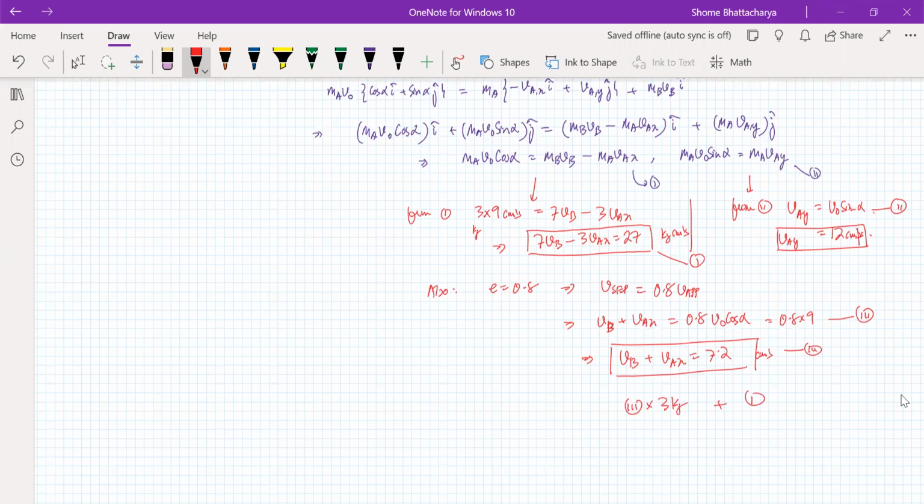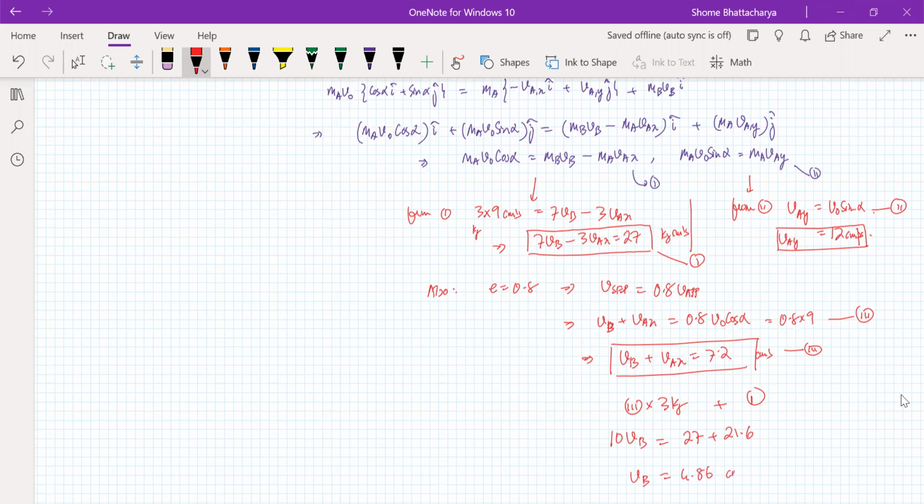So we have 7 plus 3, 10 VB, my mistake. Adding this with equation 1, 10 VB is becoming 27 plus 3 times this, that is 21.6. Correct? Yes, sir.